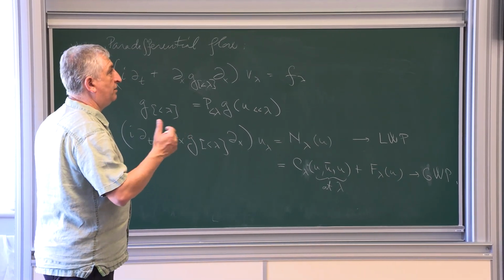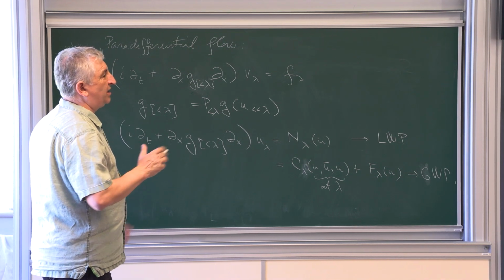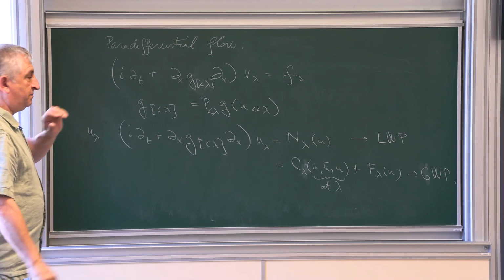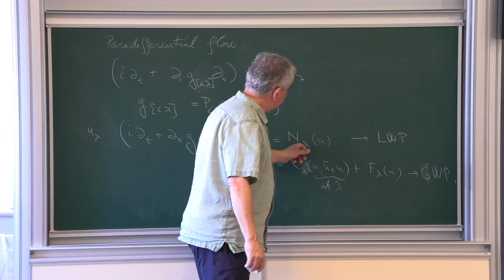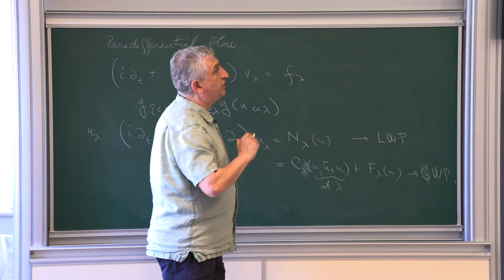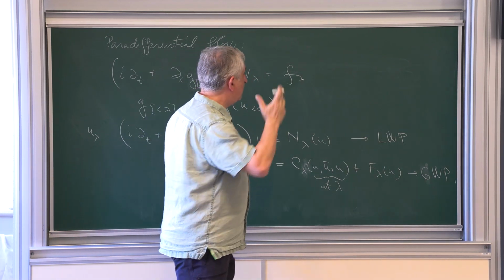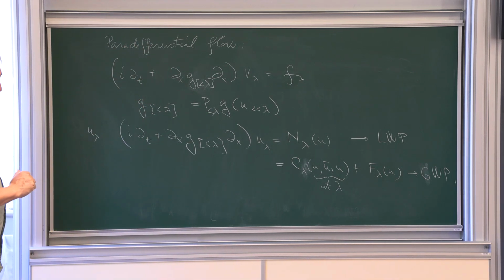If you want local well-posedness, actually, let me not get into that. You can take my word for it that the C lambda can be treated perturbatively using the sharp Strichartz estimates, but not using the Strichartz estimates with losses for the global problem.